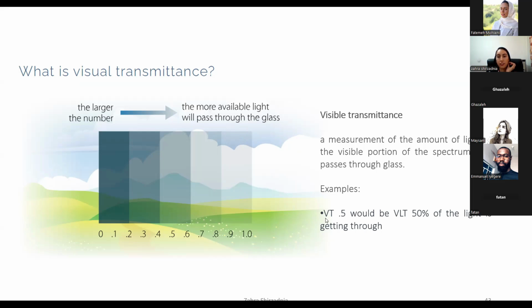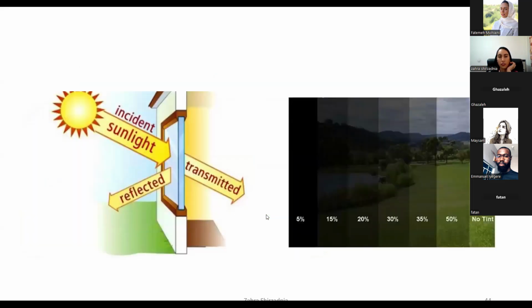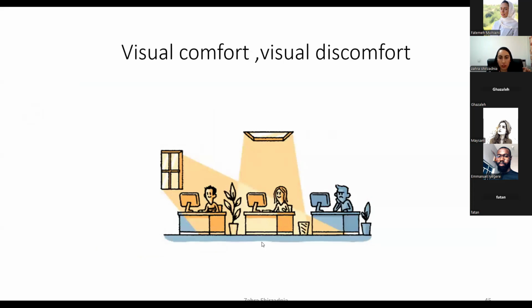We say visible transmittance 0.5 would mean 50% of the light is getting through. As you see in the picture, you have the incident sunlight, and it can reflect and is also transmitted. And that's all.